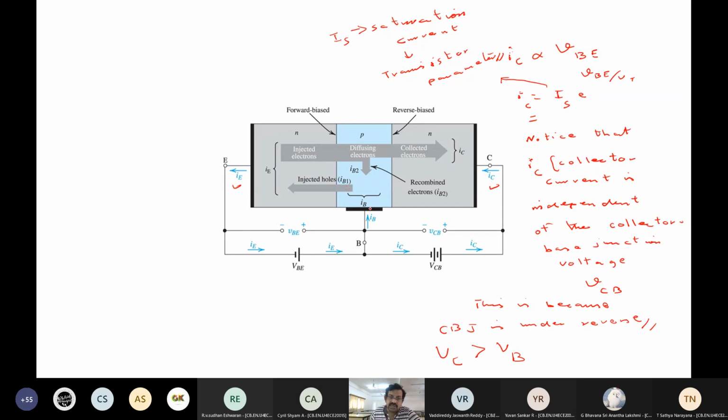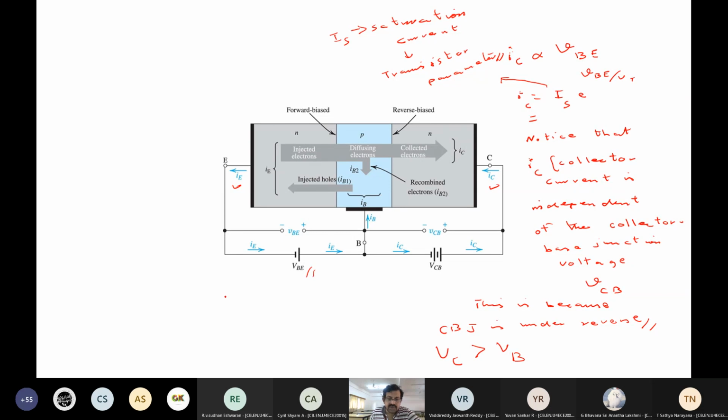The second component: as the electrons from the emitter diffuse into the P region, only a minor fraction of the electrons recombine with the holes in the base region and are lost. Therefore, that is being replenished by this source.